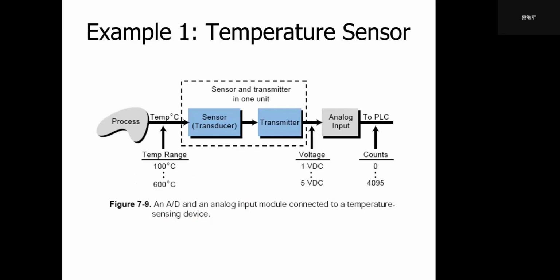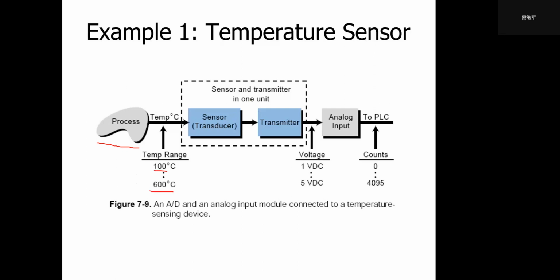Here is an example about a temperature sensor. This is the temperature with a precise range from 100 to 600 centigrade.